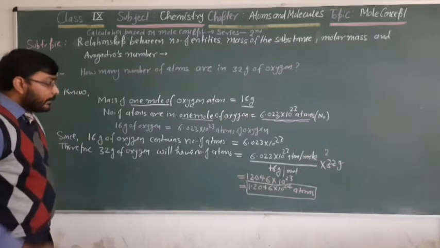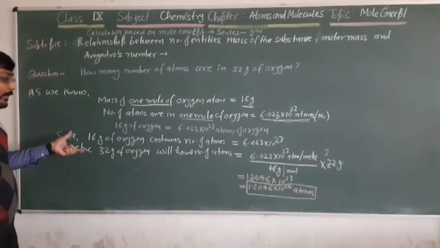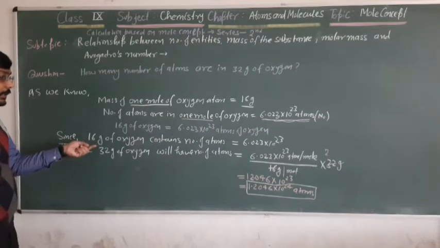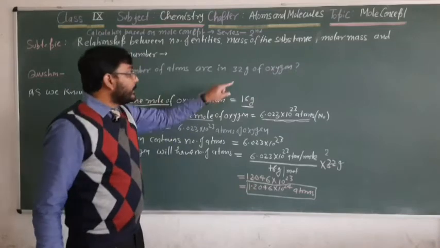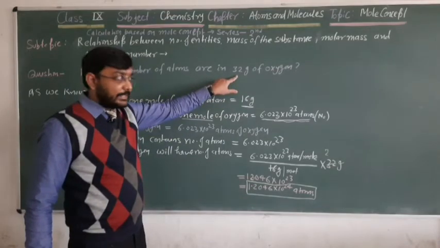Is it clear? Here I have applied just the unitary method concept and calculated the number of atoms present in 32 gram of oxygen.